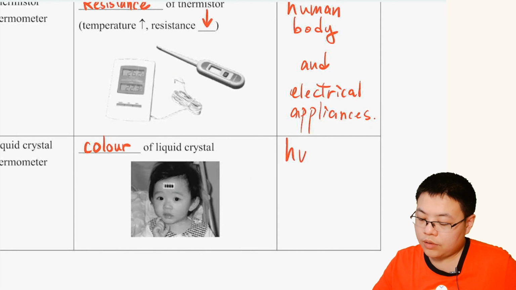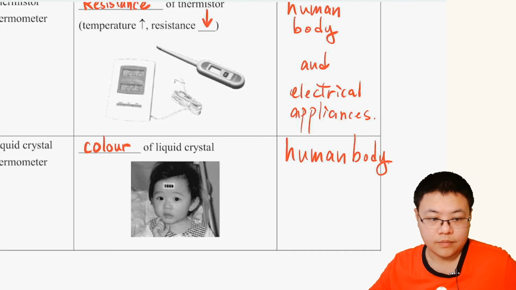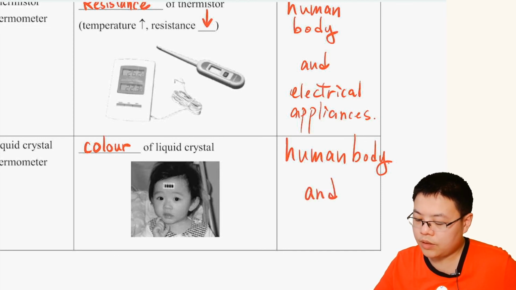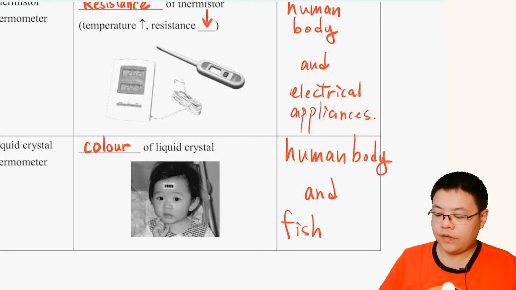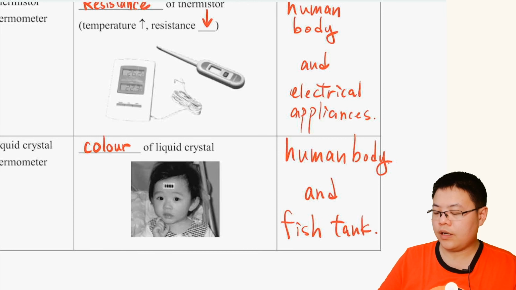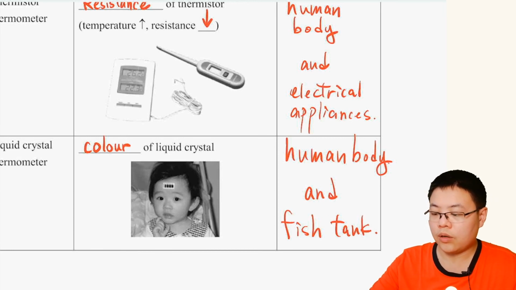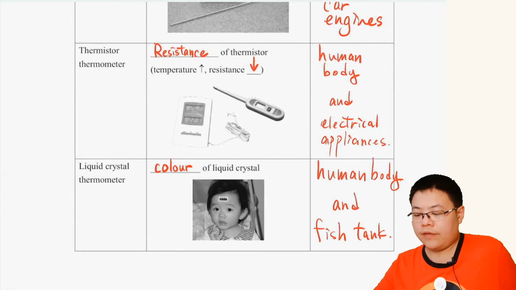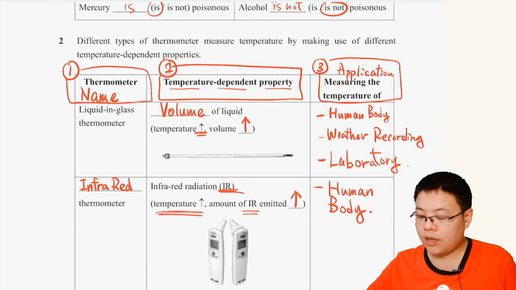And of course, it is human body. And another use is fish tank. You just stick it in the fish tank, and it is very convenient to tell whether it has to be hotter or colder.